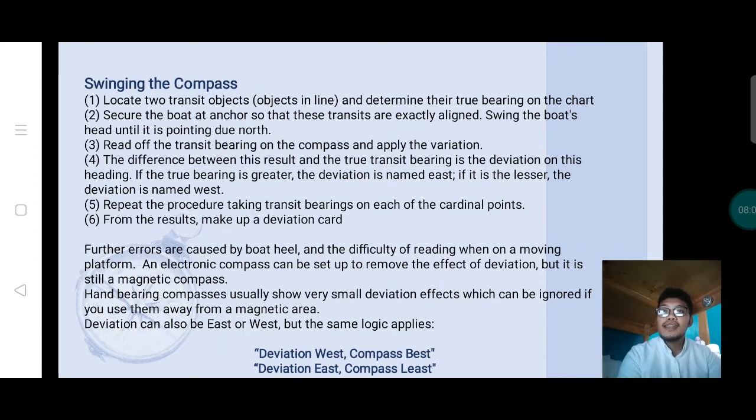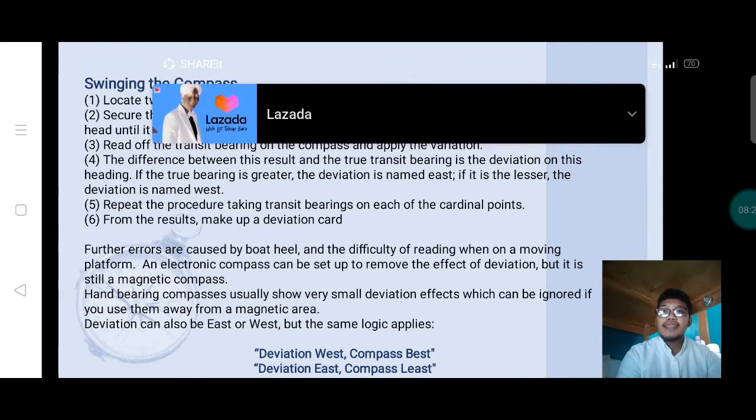Swing the boat's head until it is pointing due north. Third, read off the transit bearing on the compass and apply the variation. Fourth, the difference between this result and the true transit bearing is the deviation on this heading. If the true bearing is greater, the deviation is named east. If it is lesser, then the deviation is named west.